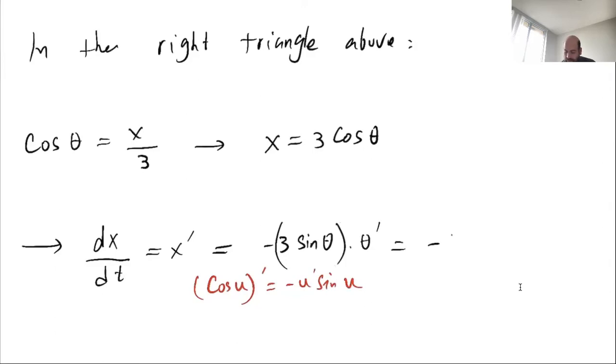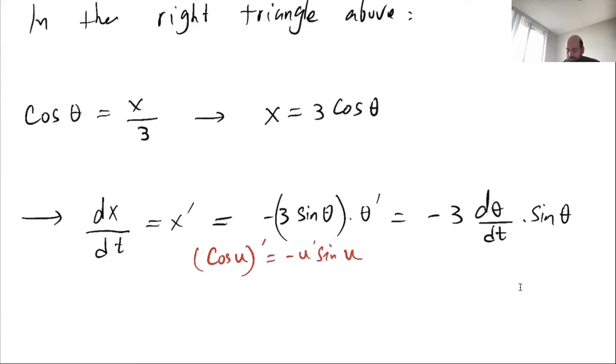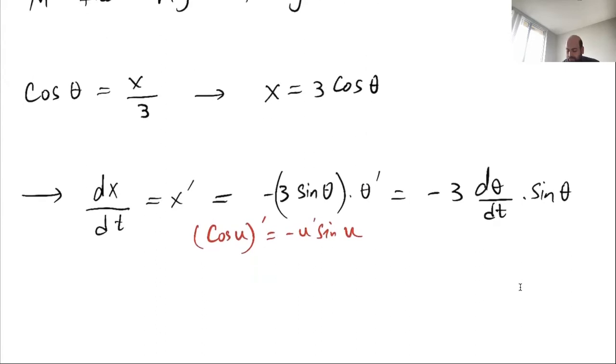Or in other words, minus 3 d theta to dt sine theta. Okay. My u here is theta. And so the formula will be -3 theta prime sine theta. Theta prime is same as d theta to dt.